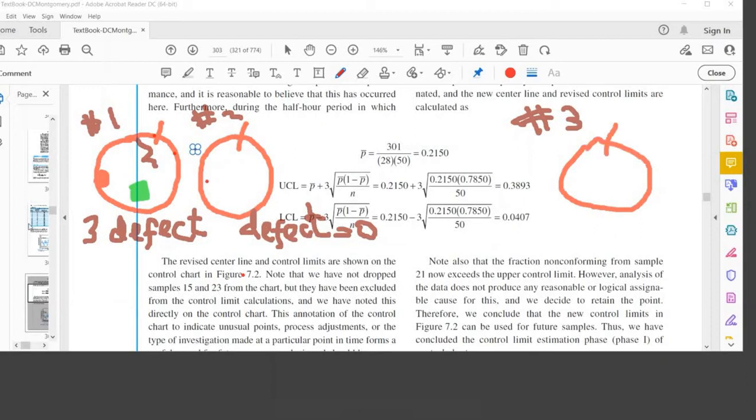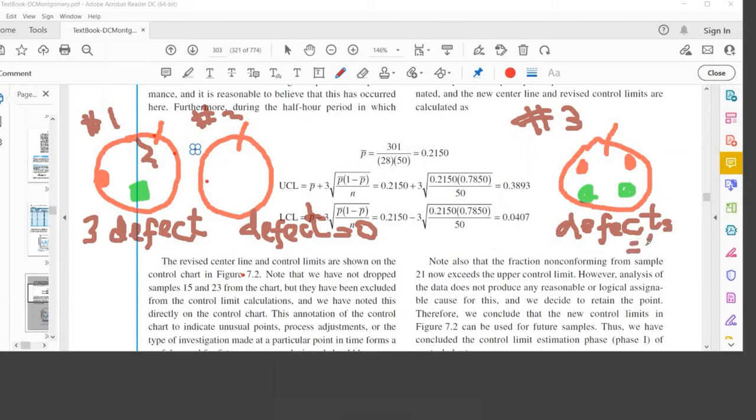You have damage here, red damage, and then maybe there is damage here too, and here as well. So in this case, the number of defects on this one orange number three is 4. Defects equal to 4.